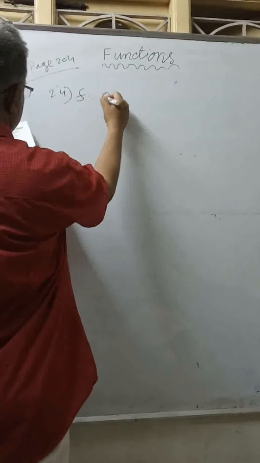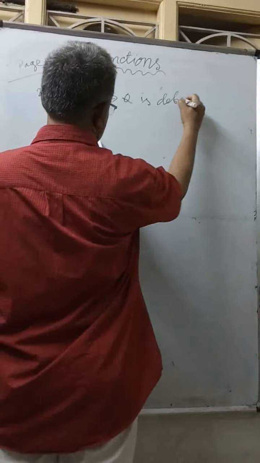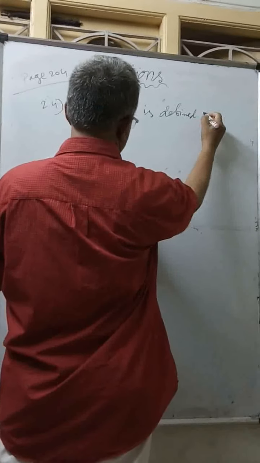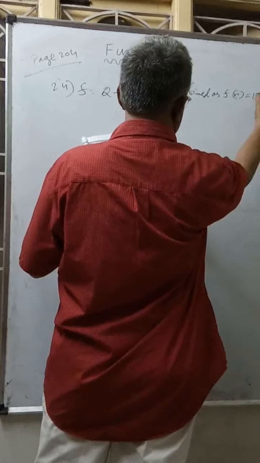The mapping from Q to Q is defined as f of x equal to 15x plus 7.